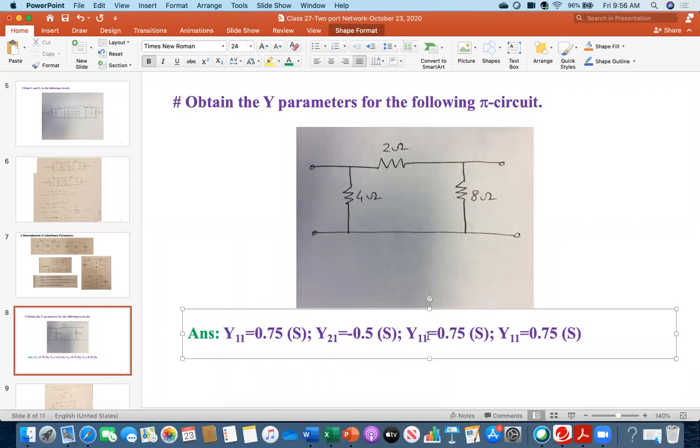Then Y22, I got 0.625 Siemens, and Y12 minus 0.5.